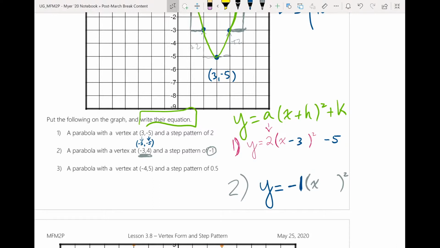Y never lies, so the y value is 4, plus 4 stays on the end. And then we have the other value, negative 3 is for x, so we're going to do the opposite. So it becomes plus 3.